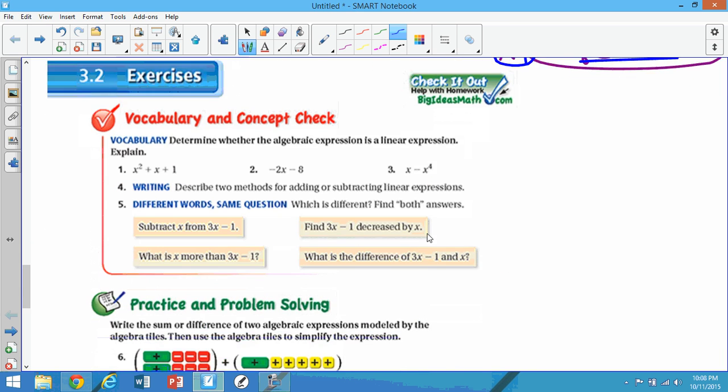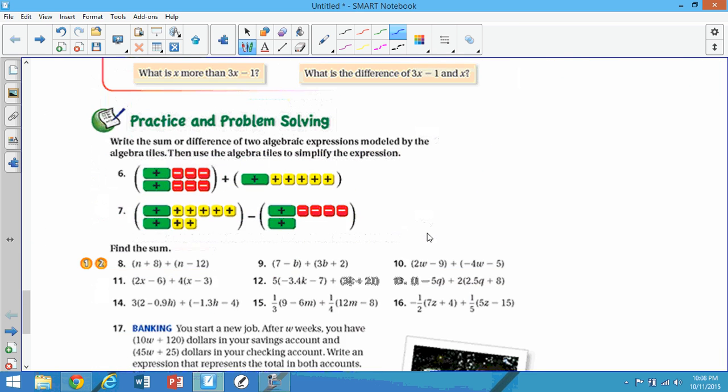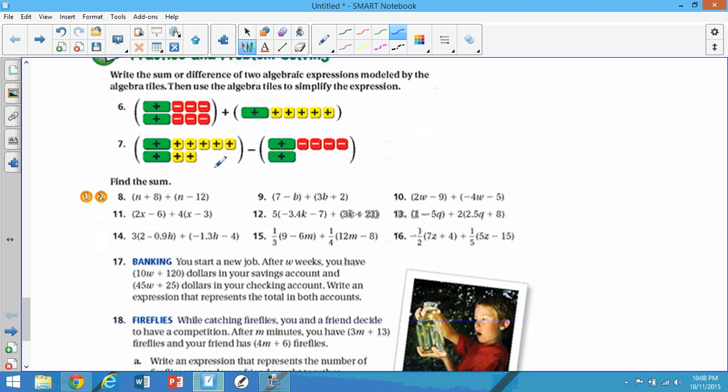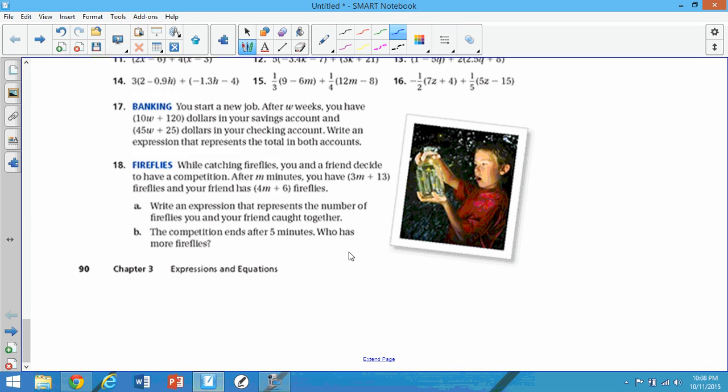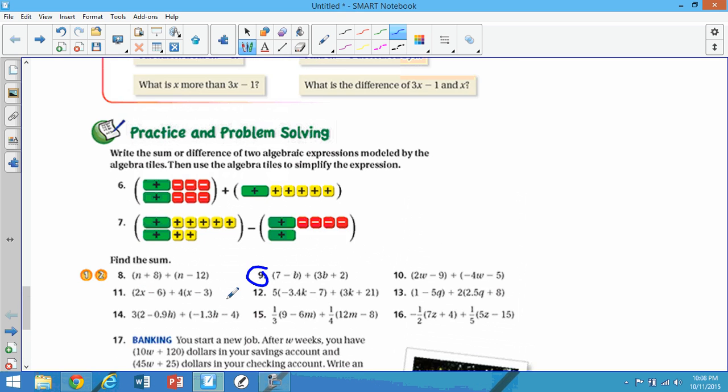Okay, so what I would like you to do when you come back to class tomorrow is do number 9, and, oh, let's see. Wow, do I not have any subtraction problems? That seems crazy. We don't have any subtraction problems.